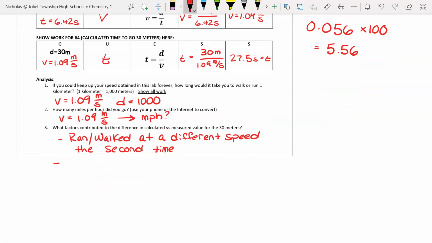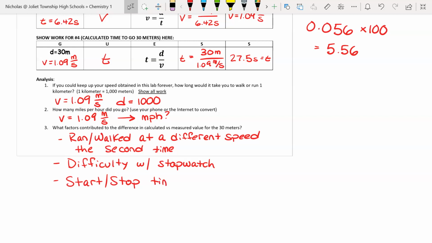A lot of students had never used a stopwatch before, other than the one on their phones, so I would say difficulty with stopwatch. Having a hard time getting it started and stopped. You could be starting or stopping it early or late. Those are 3 good reasons right there.